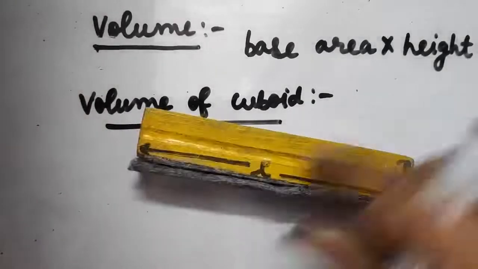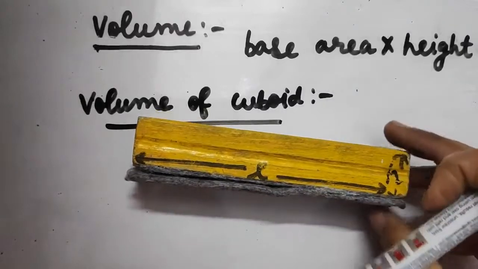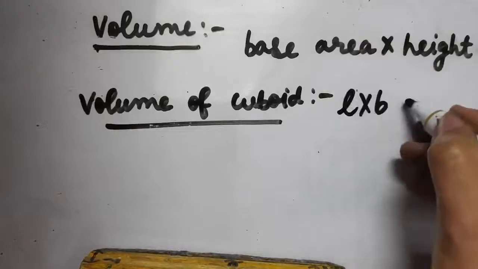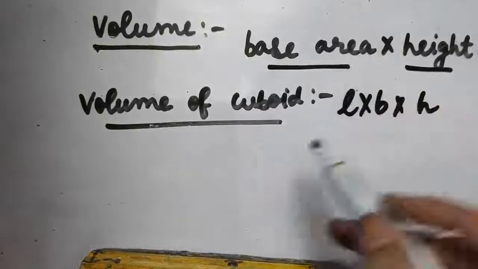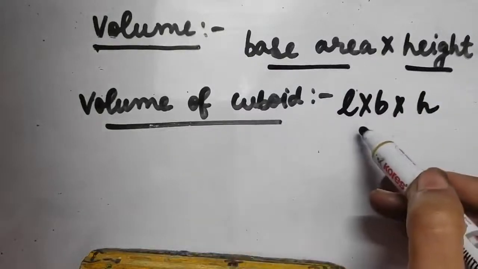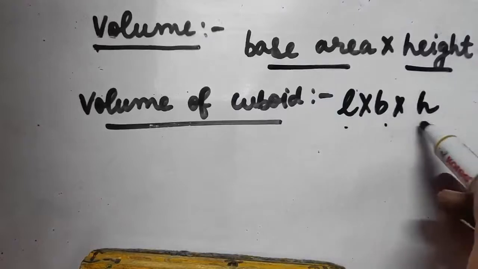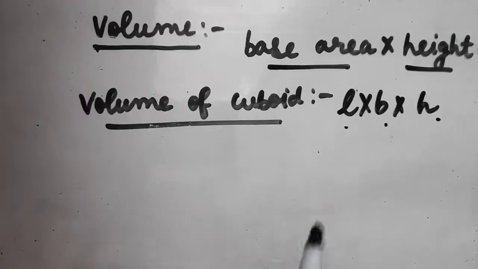The base of this cuboid is rectangular in shape, and we know the rectangle area is given by L into B. We multiply it by height. So the volume of cuboid is given by L into B into H.